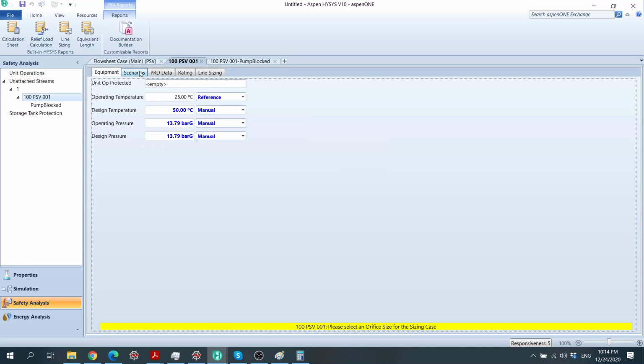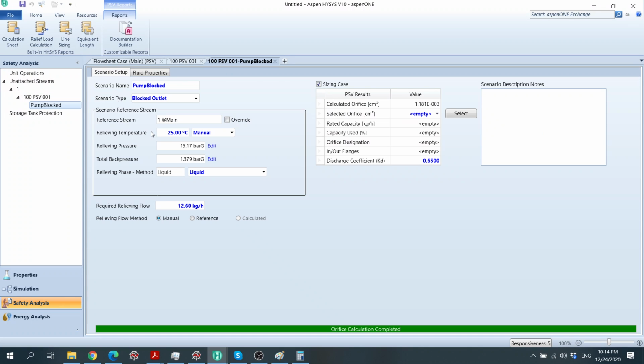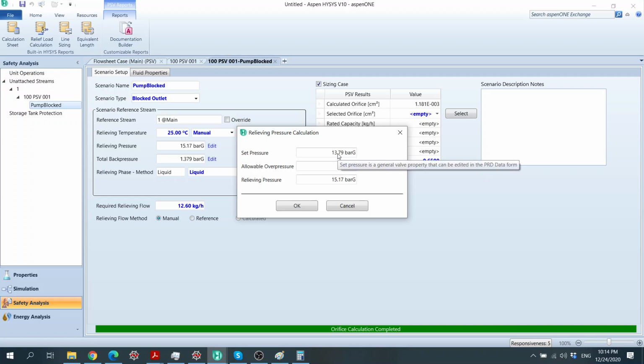Yeah, and then can we go back to scenario? Allowable. Now how to change this?